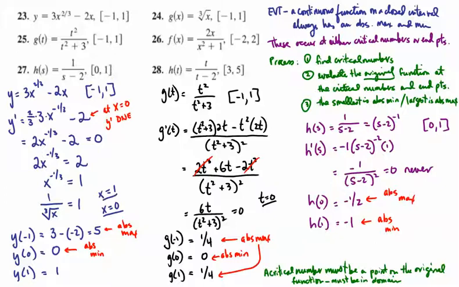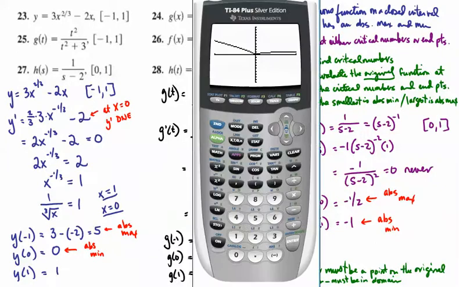What I want to do last is to show you how you would use your graphing calculator to verify your results with these types of problems. Okay, now we want to put in the expression for number 23, and we have 3 times x to the 2/3.